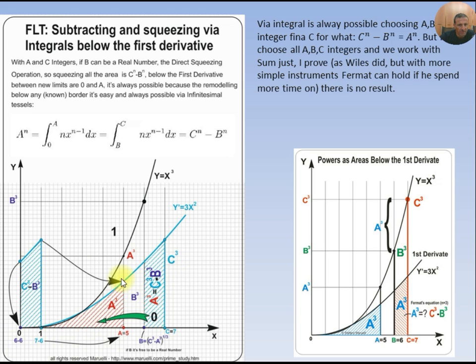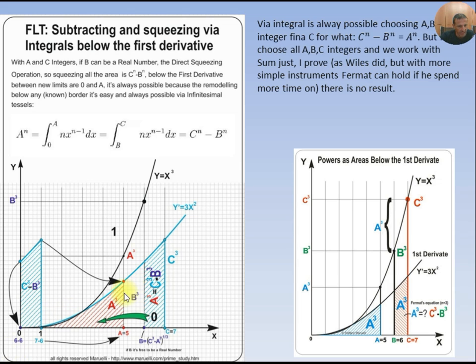This is c cube, this is b cube, so the difference c cube minus b cube is this area, and it is clear with the integral, so leaving this one a real variable, we can squeeze this area below the first derivative from 0 to a. So for sure there exists a real c for which this area becomes equal to this one.